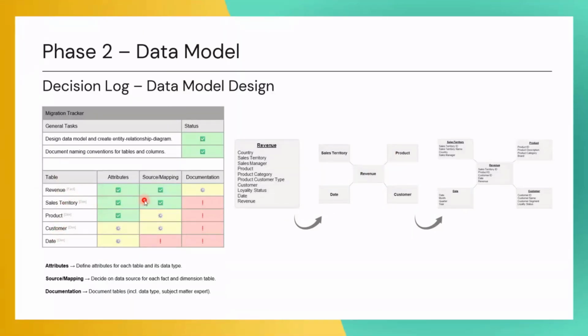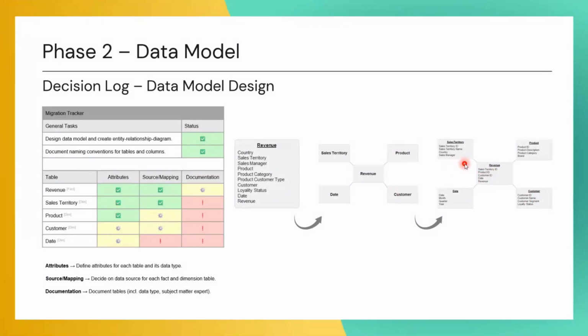And for each of the tables, we then have 3 steps, which we can mark as done, in progress, or to do, to always know what we've already done, what's completed, what we or our teams are working on, and what the next steps are. And for each of the tables, you first have a look at the attributes. And this will turn this overview into the detailed version of your data model diagram.